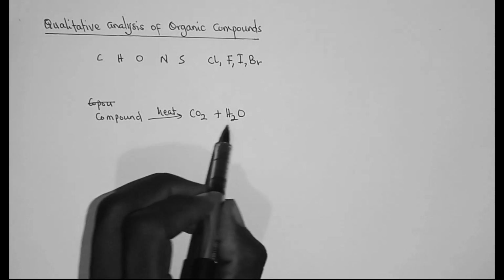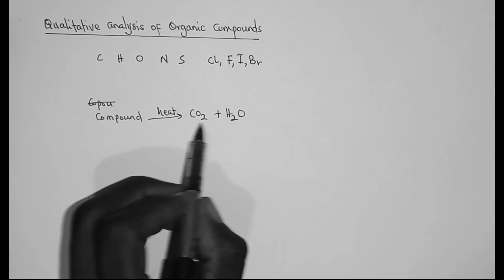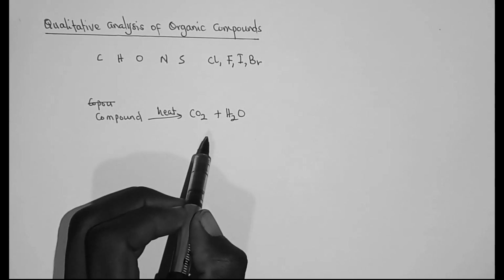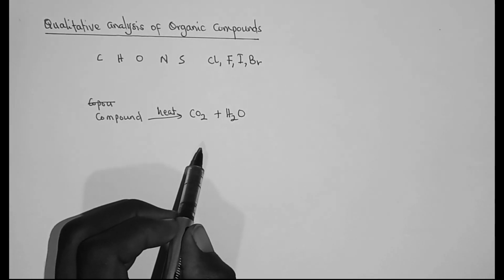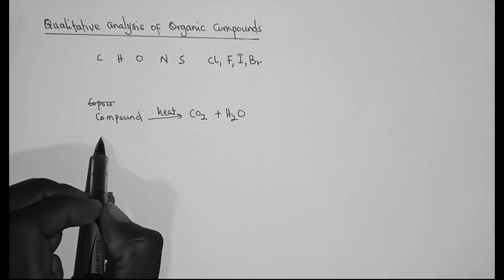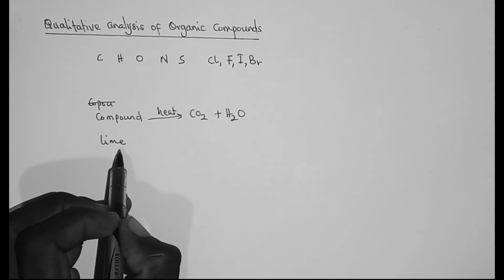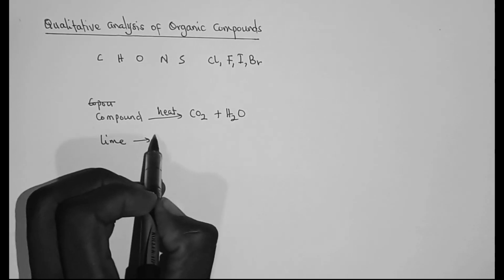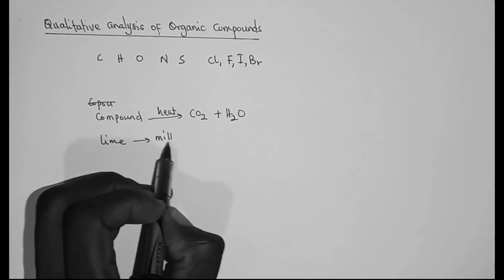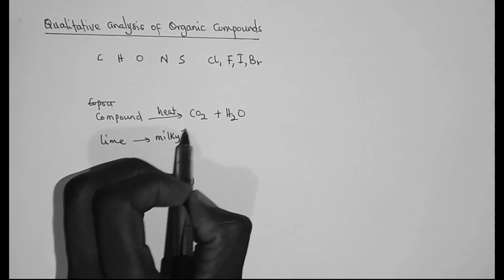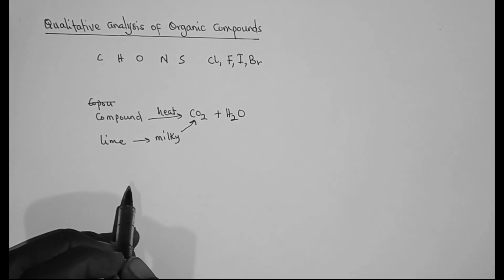So when you are done with this, how will you determine the presence of carbon dioxide and water in the organic compound? What you do is that you pass the compound through lime. If you pass the compound through lime and then the lime turns milky, then it confirms the presence of carbon dioxide in the compound.